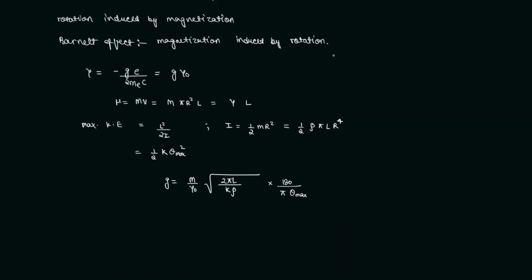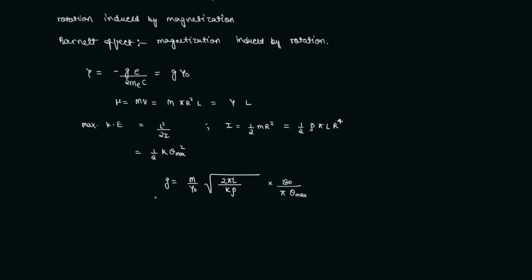Now, if you reverse the current through the solenoidal coil, it will reverse the magnetization in the ferromagnetic rod, which should create an angular displacement in the opposite direction as the angular momentum of the charge carriers is reversed. So this was the first method using which we were able to find the experimental value of the Landé factor.